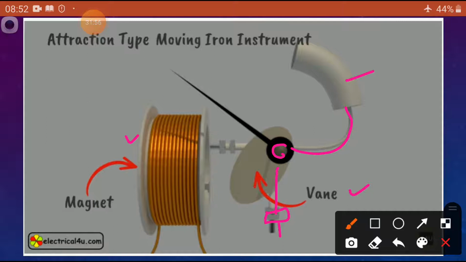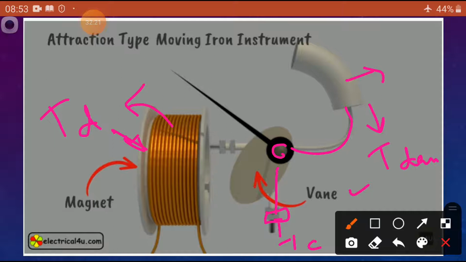This produces the controlling torque, this produces the damping torque, and this is the deflecting torque. The coil is going to produce the deflecting torque, this is producing the damping torque, then the weight is going to produce the controlling torque.